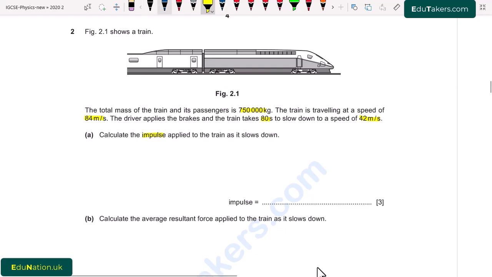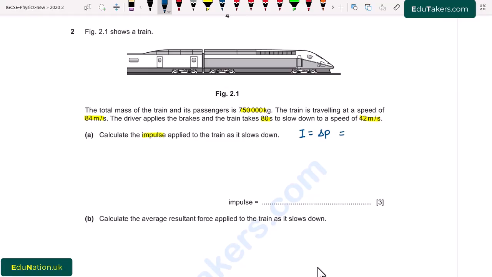Here we have to calculate the impulse, and we know that impulse is equal to change in momentum. I write here impulse is represented by I, and it is equal to change in momentum delta P, and momentum is equal to the product of mass and speed.